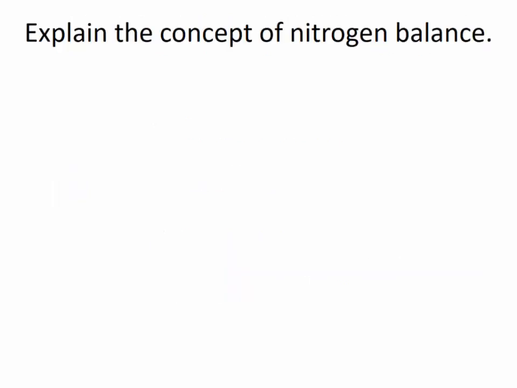Finally, let's explain the concept of nitrogen balance. As discussed in this unit, some of the macromolecules are made up of carbon, hydrogen, and oxygen, and some, on top of the carbon, hydrogen, and oxygen, also have nitrogen. Specifically, proteins have nitrogen on top of those three other atoms. And so the concept of nitrogen balance is really getting to a balance of protein.